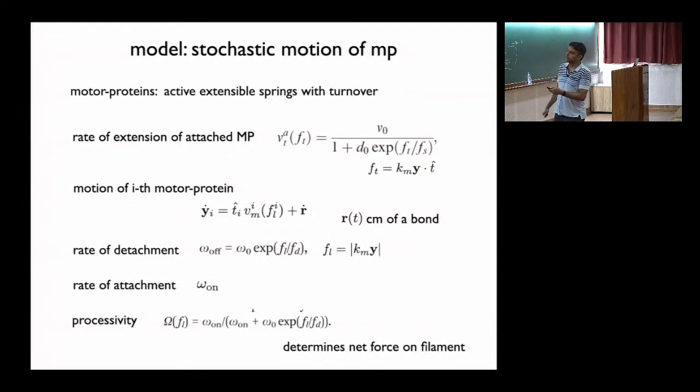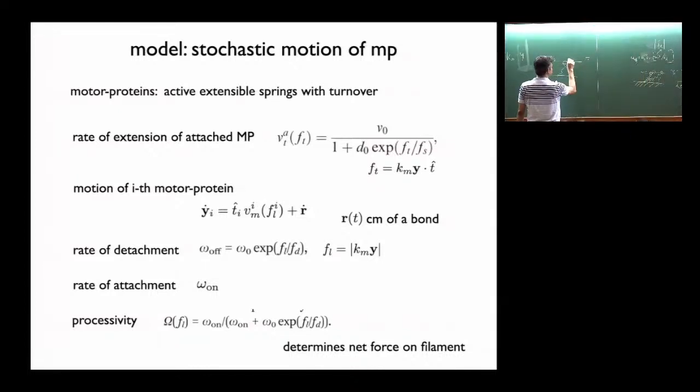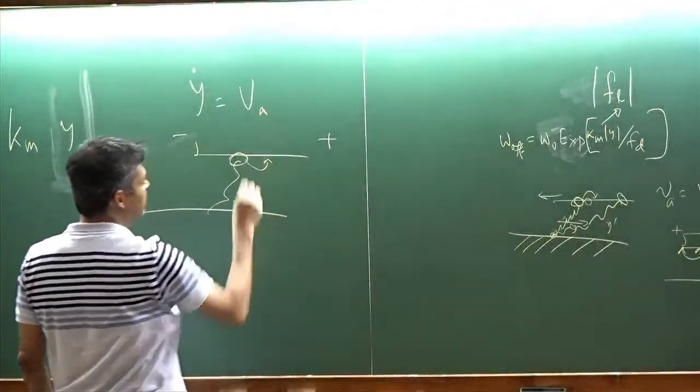You take that and then you can write down an equation for the position of this molecular motor. If the filament was static, the molecular motor would move with the active velocity.